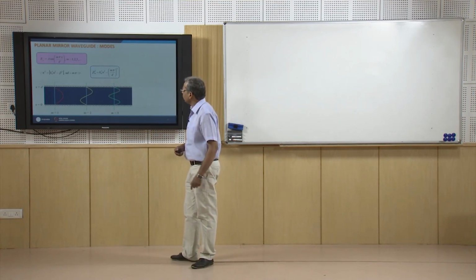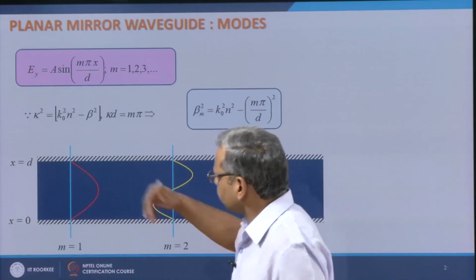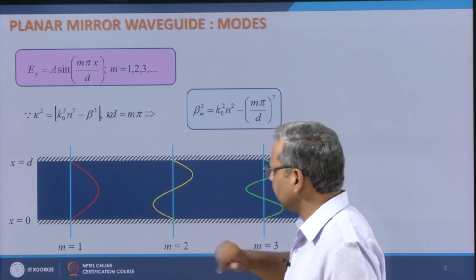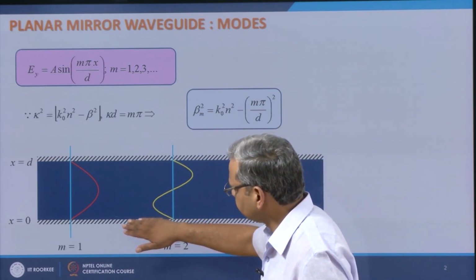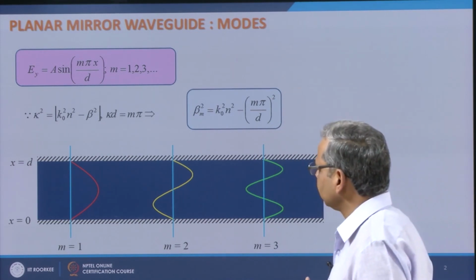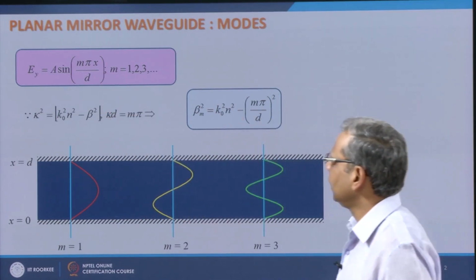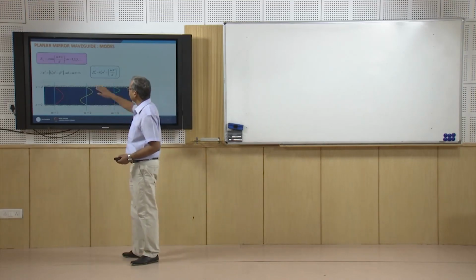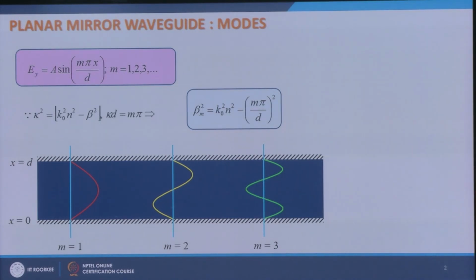I took the planar mirror waveguide which has refractive index n and metal deposited at x is equal to 0 and x is equal to d, and the modes of this waveguide I found out as Ey is equal to a sin m pi x over d, and corresponding beta are given by beta m square is equal to k naught square n square minus m pi over d square.